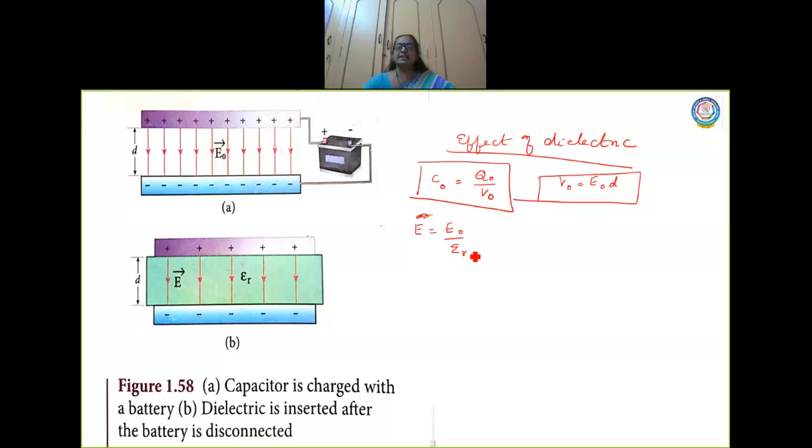So this value of electric field was experimentally determined as E is equal to E naught by epsilon R. E is the reduced electric field after the dielectric is introduced. E naught is the electric field before the dielectric is introduced, and epsilon R is the dielectric constant. Okay, so this was experimentally determined.